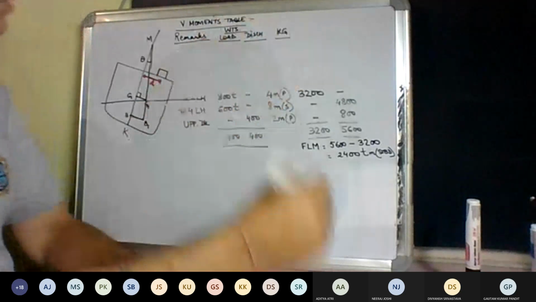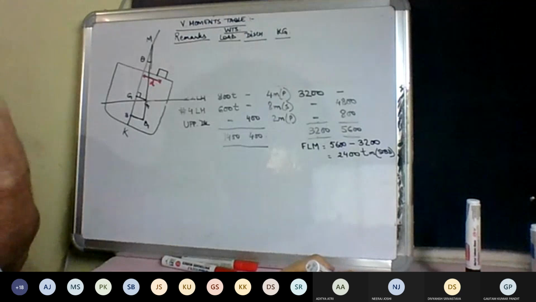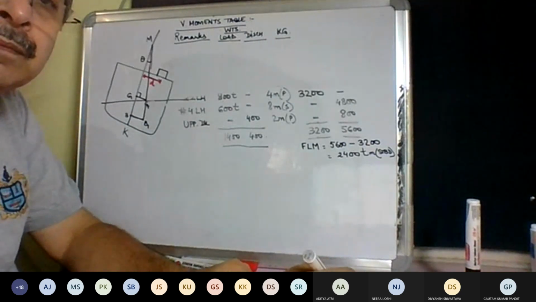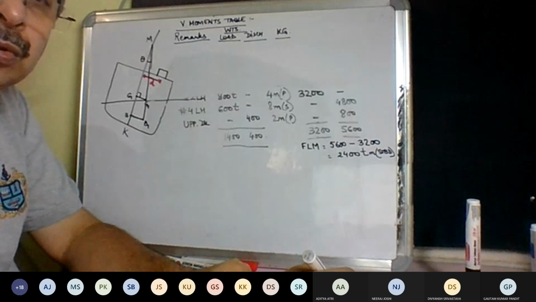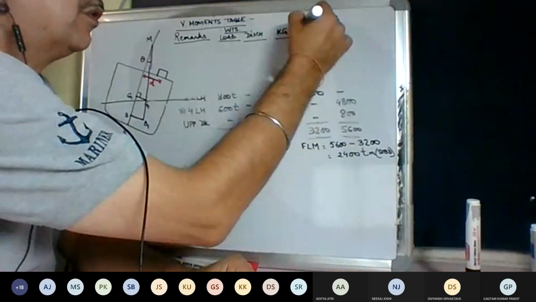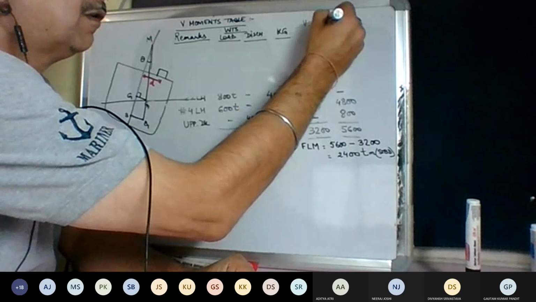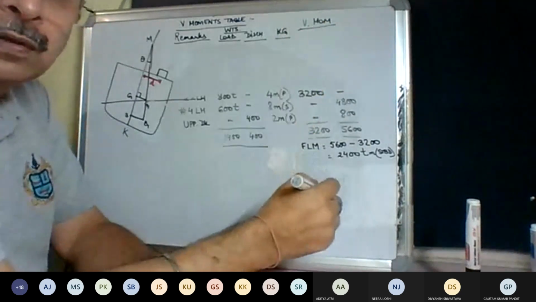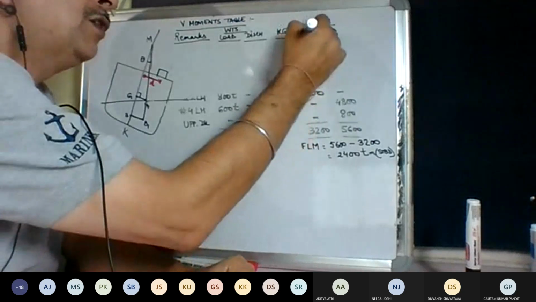This time the lever is going to be KG because we are finding moments about the keel. So KG, and vertical moments for loaded and for discharge.